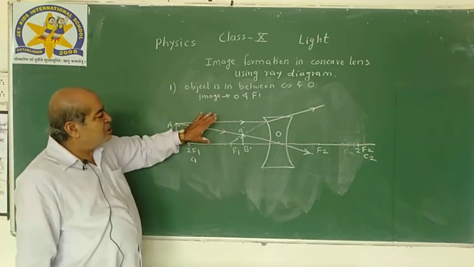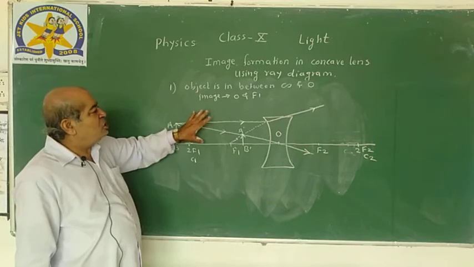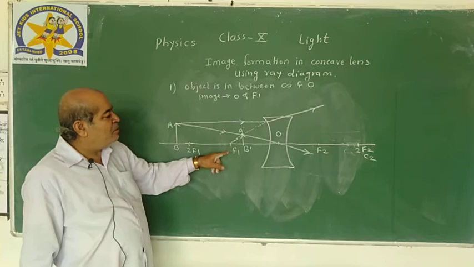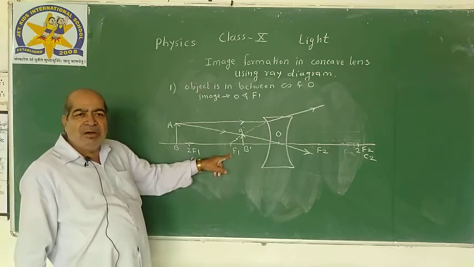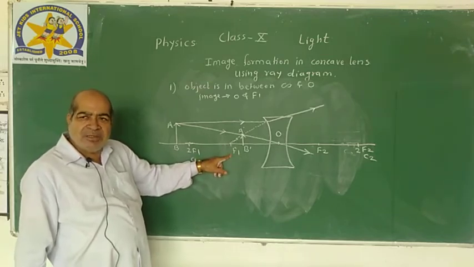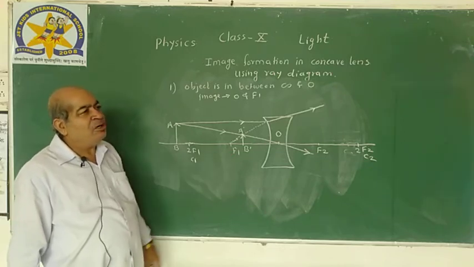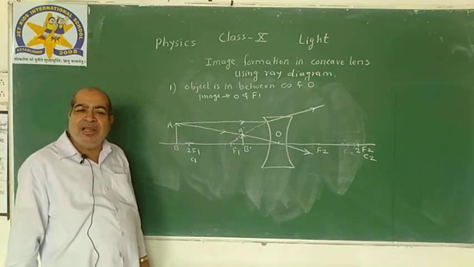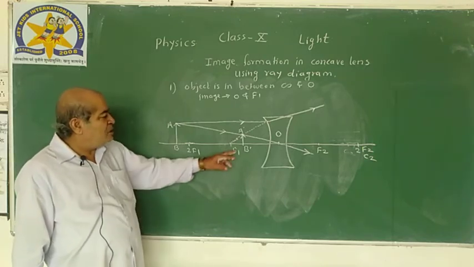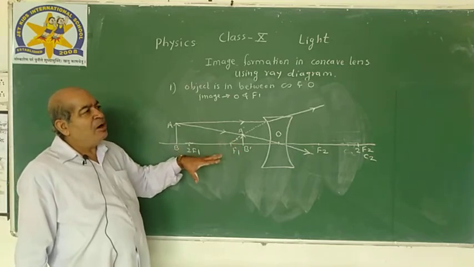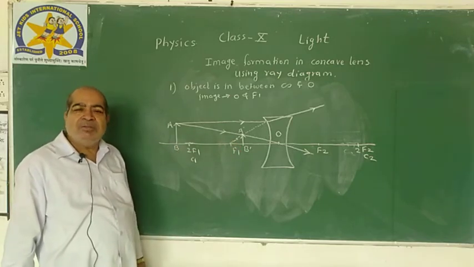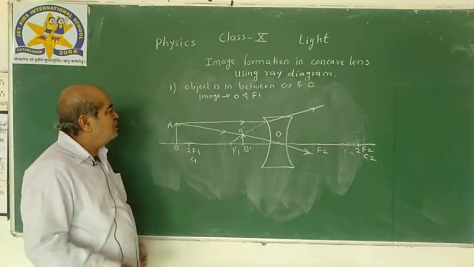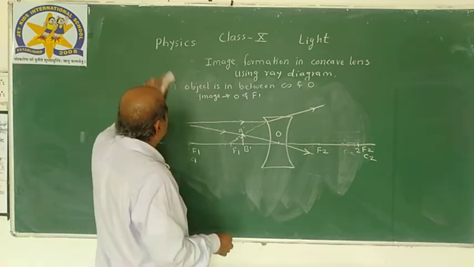These two rules are used. Then the image is formed between the optical center and the principal focus F1 on the same side of the object, and the image is virtual and erect. This is erect and virtual because it is formed due to the extension of the rays. These are the two positions.